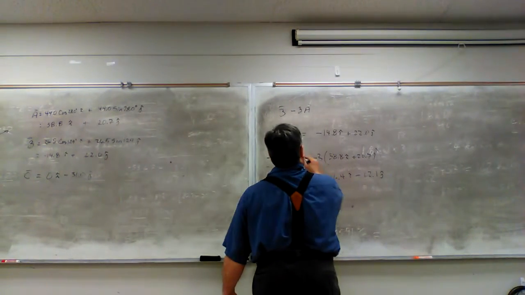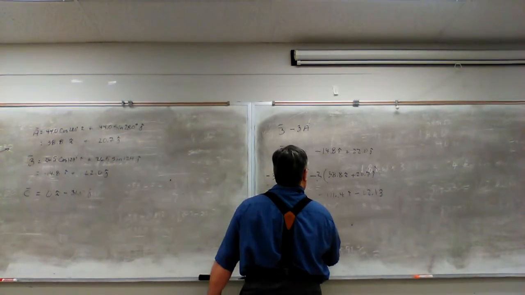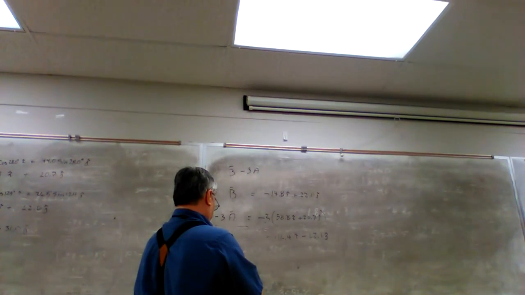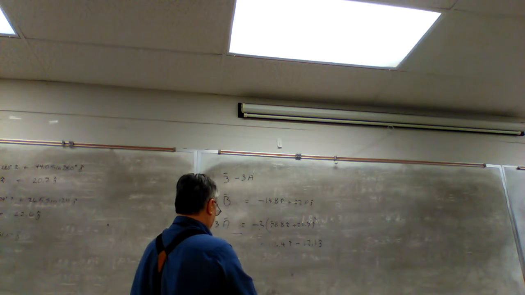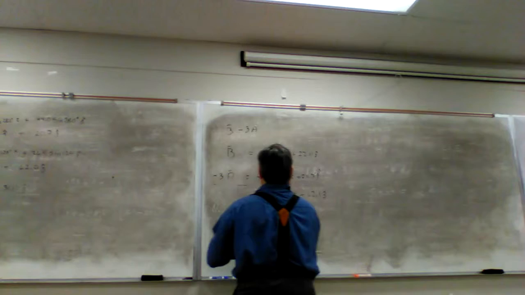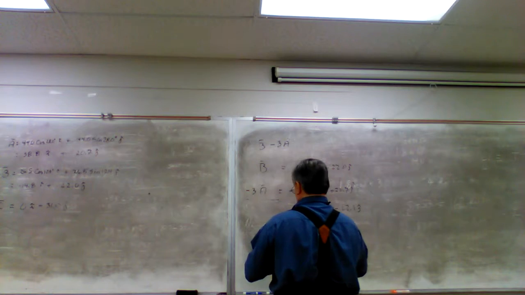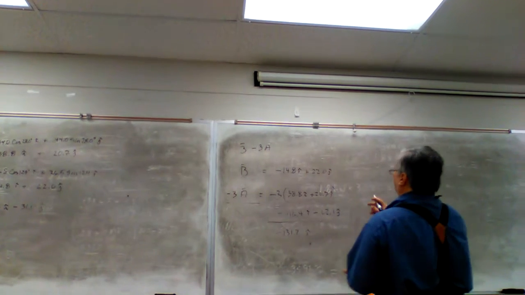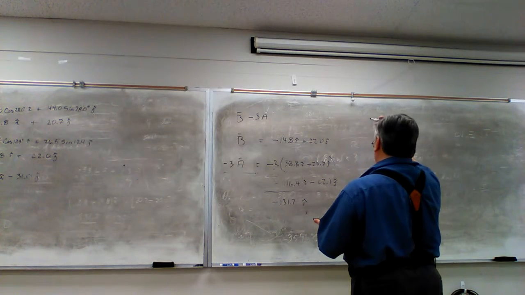So, ignoring this, we sum these two components together. And we get, what's negative 14.8 minus 116.4? Negative 131.2 I and 22.0 minus 62.1.